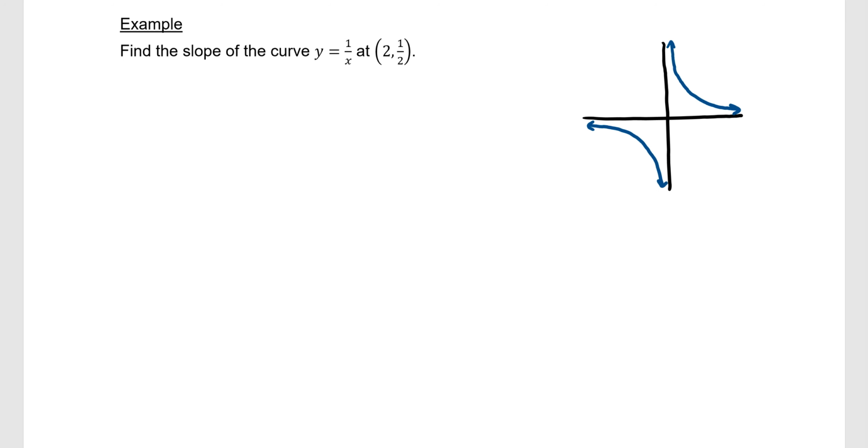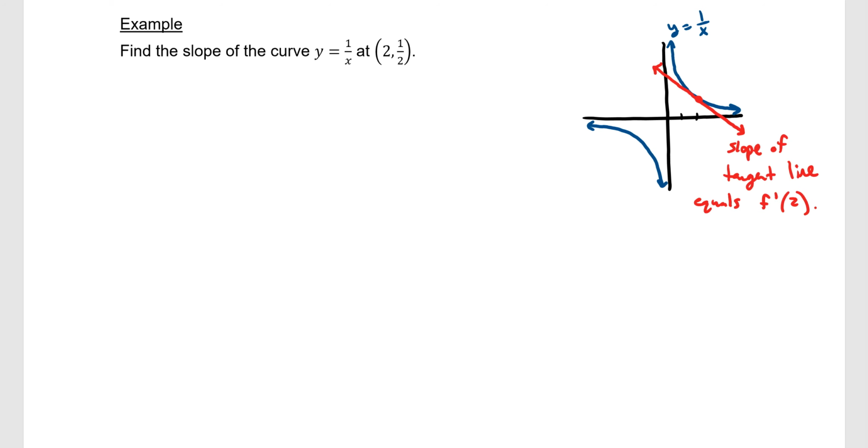So the point 2 comma 1/2 would be about right here. So if we're looking for the slope of the curve there, that means we're looking for the slope of this tangent line at that point.